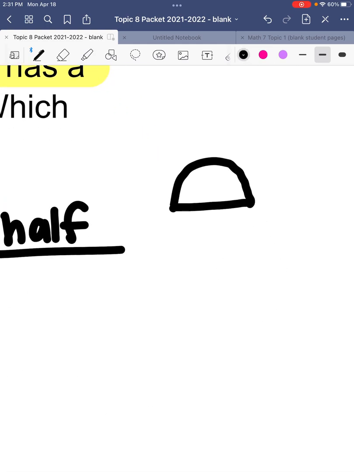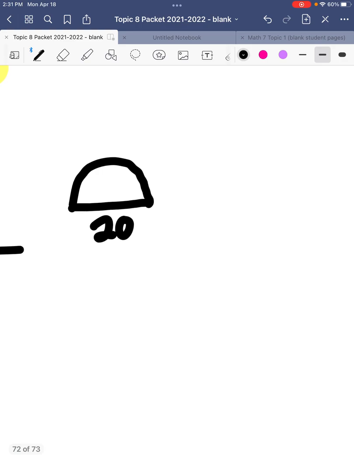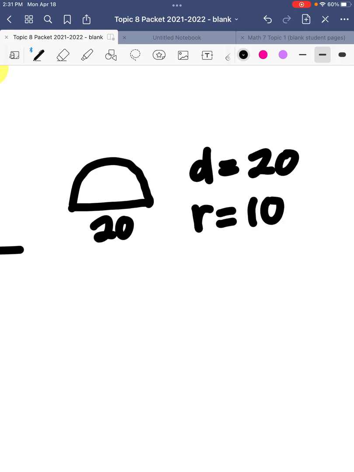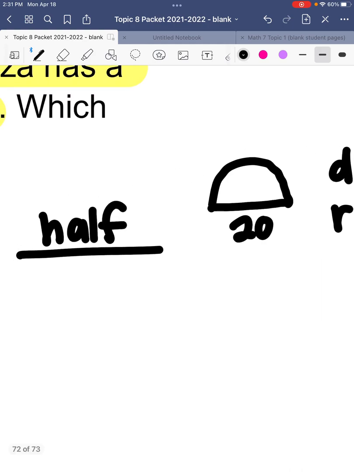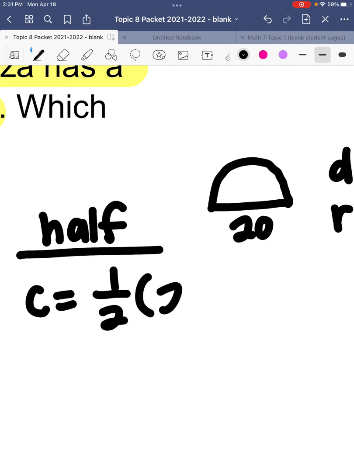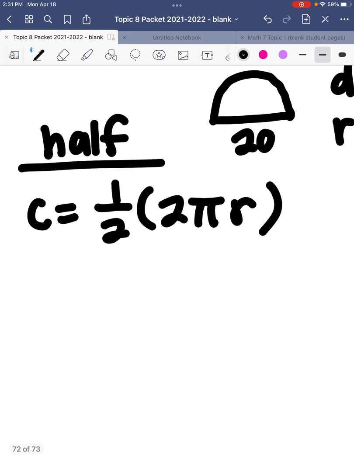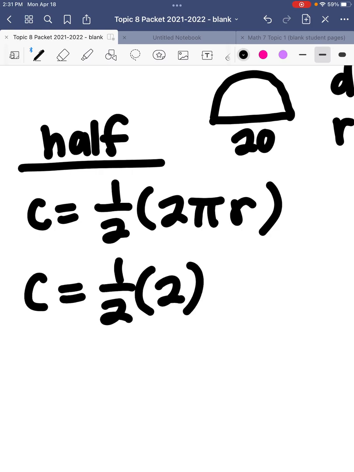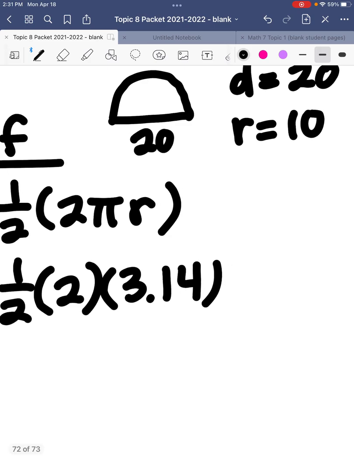So if this whole side is 20, what is the radius? If the diameter is 20, the radius is half of that, so the radius is 10. Okay? So the circumference is half of this 2 times pi times R formula, right? So C equals 1/2 times 2 times 3.14 times our radius of 10.